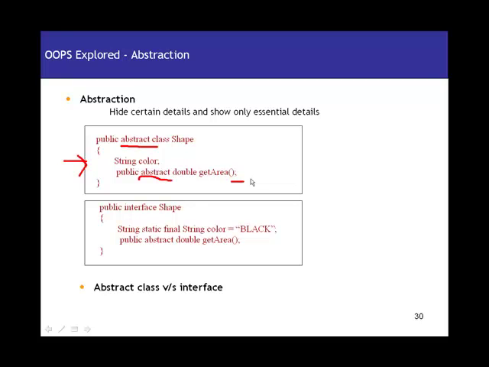You should have the ability to get the area of a shape. The actual way to get the area would be implemented by the subclasses which extend from the shape class. That's what abstraction is all about.